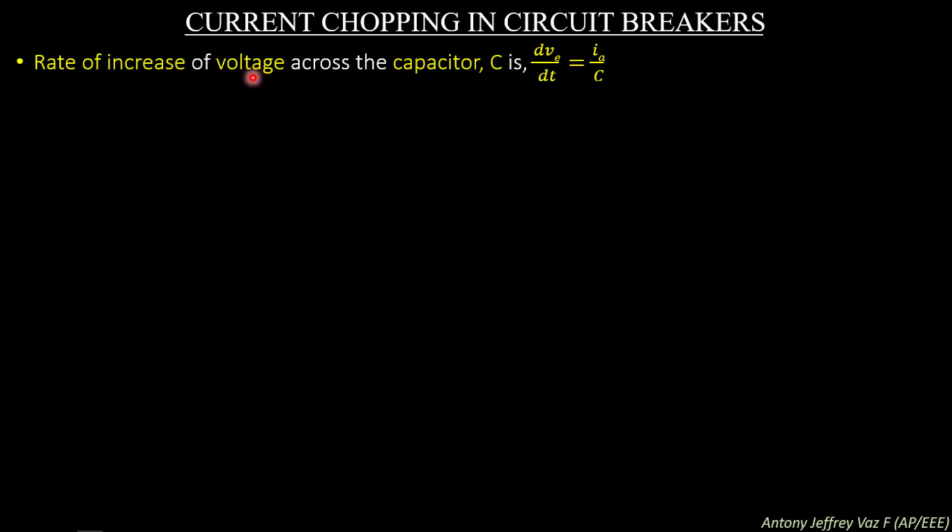The rate of increase of voltage across the capacitor C is dVc divided by dt equal to IA by C. Here dVc by dt is the rate of change of voltage across the capacitor, and this will be equivalent to the R current IA divided by the value of capacitance present in the transmission line or in the model of the power system.